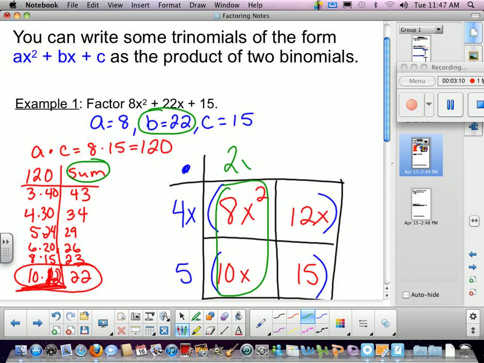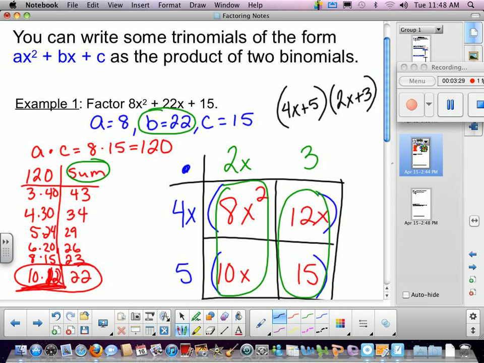That would be 2x. The greatest common factor this way, 12x and 15, would be 3. So I write that as the product of two binomials. The factored form would be 4x plus 5 and 2x plus 3.